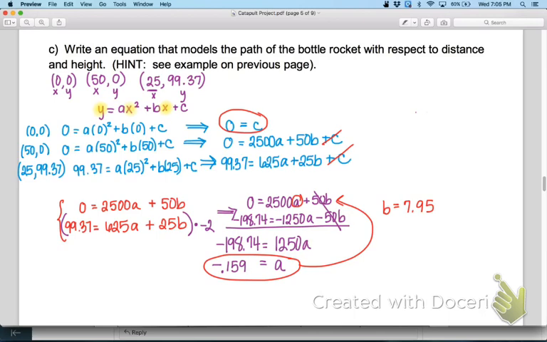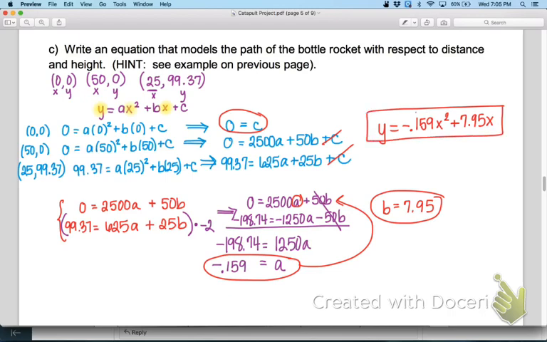So here's what we know now. We have 3 values for a, b, and c. So when we write our equation, it's going to be y equals -0.159x squared plus bx, which is 7.95x, plus c, which is 0. So that is our equation.